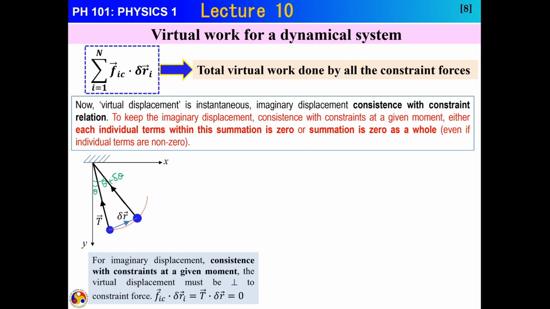The displacement is always perpendicular to the constraint force. The T and delta r are perpendicular to each other. So therefore, the constraint force F dot product with the virtual displacement is simply 0 here.